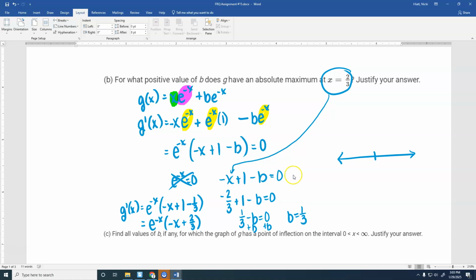So on my sign line, 2/3 goes here. It's not 1/3 because this is a sign line where we have x right here. And if I plug in a number smaller than 2/3, such as 0, I will get a positive right there.